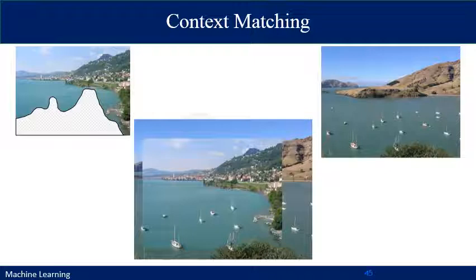For example, the original image is mapped with the context that it is a sea and it can contain boats, and the same image is reconstructed to provide the context matching.